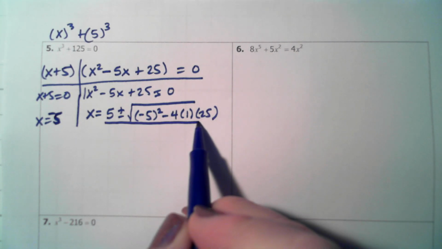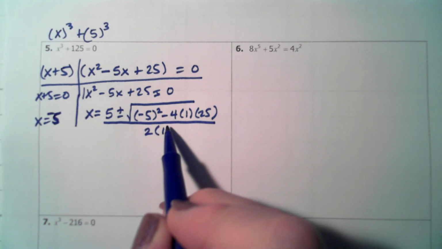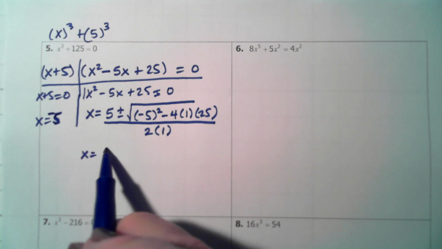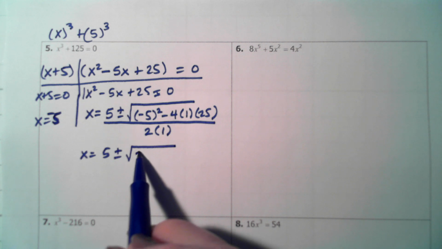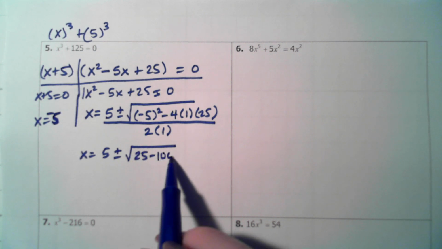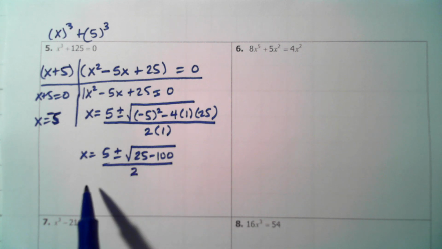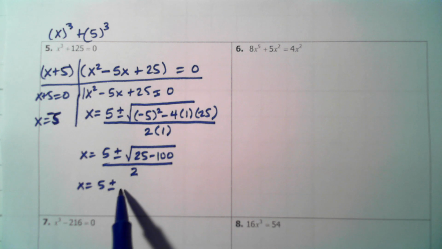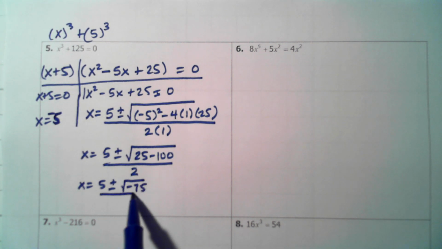All of that, the whole thing, over 2 times a, which is 1. So in this case, we've got x is equal to 5 plus or minus the square root of 25 minus 100 all over 2. And this is x is equal to 5 plus or minus the square root of negative 75, again, all over 2.